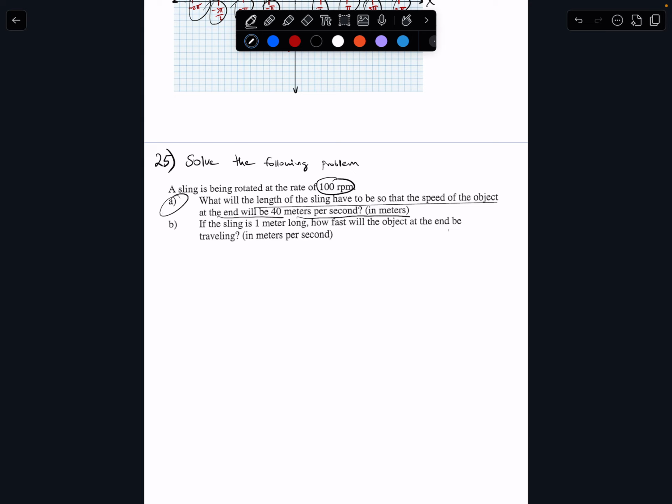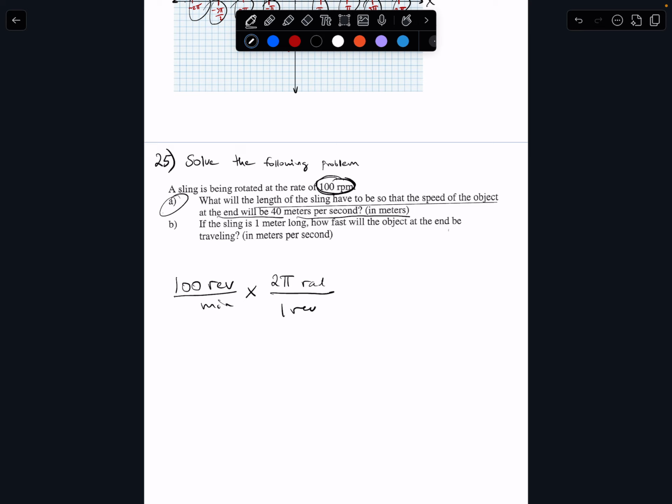So in this case, what we're going to do first is convert revolutions per minute into radians. And how do we do that? Well, 100 revolutions per minute multiplied by, and remember, what is one circle? It's 2 pi radians.